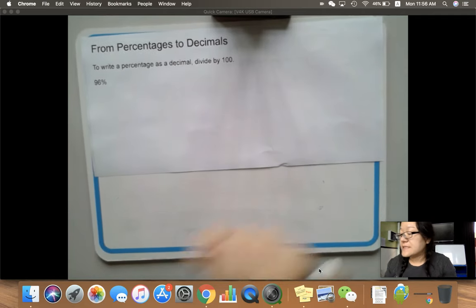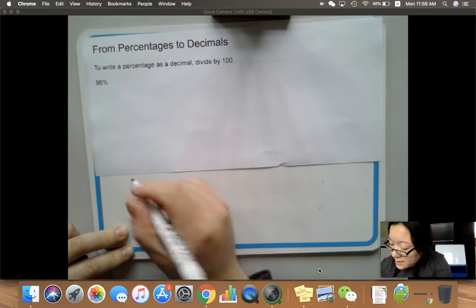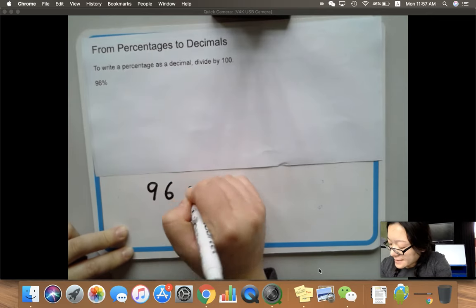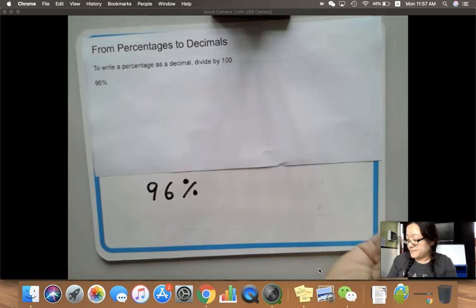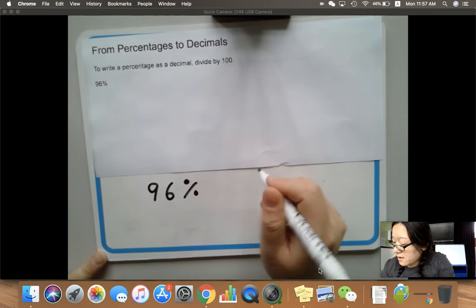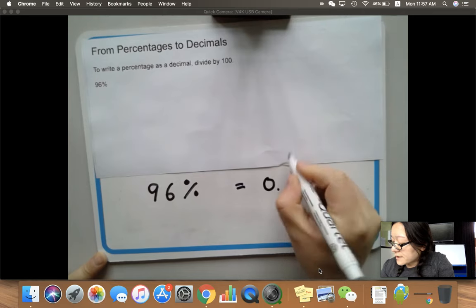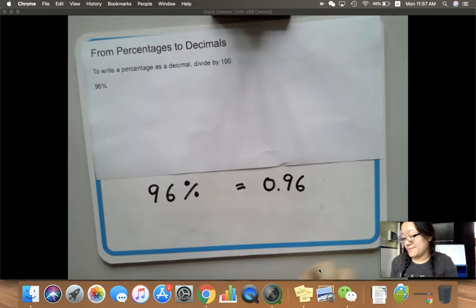To write a percentage as a decimal, you just divide by 100. So say I've got 96%. Then I would just divide that by 100, and that would be 0.96. And that's it. So it's pretty easy.